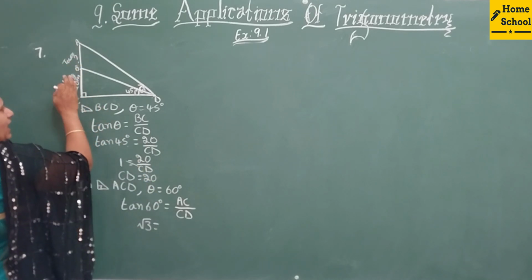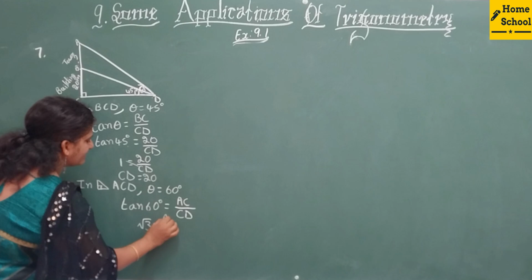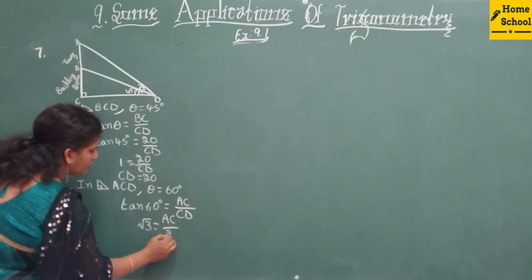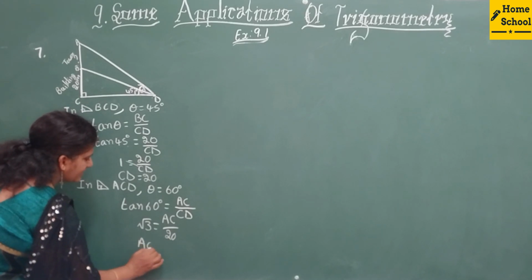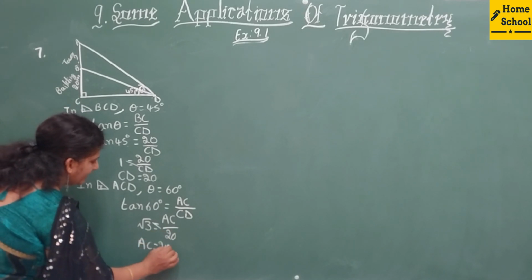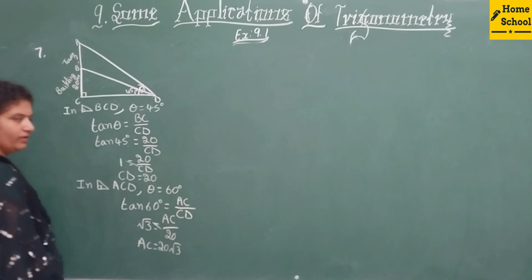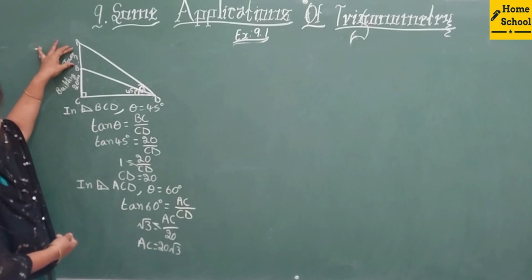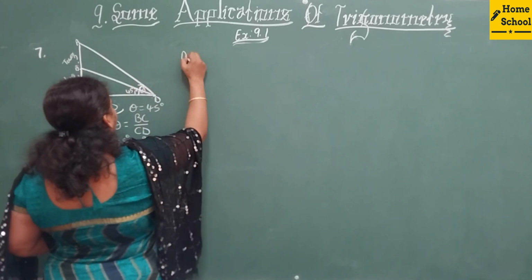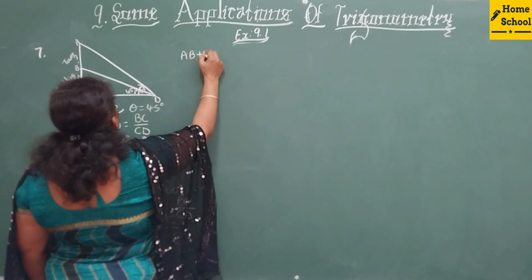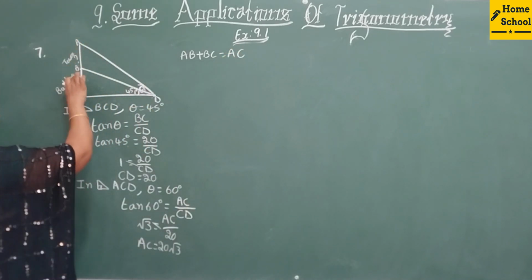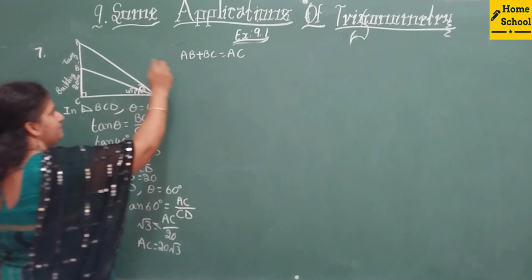AC, we know a part of AC. So simply write AC as it is. CD, from above CD value is 20. AC is equal to 20 root 3. Okay, I got AC and I know already BC. Can't you find AB? Just you write, we know AB plus BC is equal to AC. AB plus BC is nothing but AC.